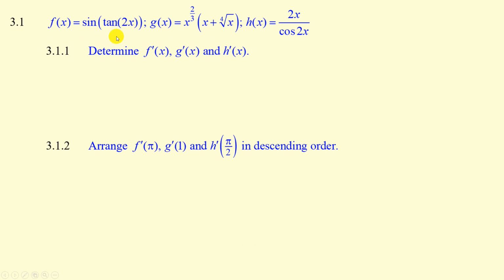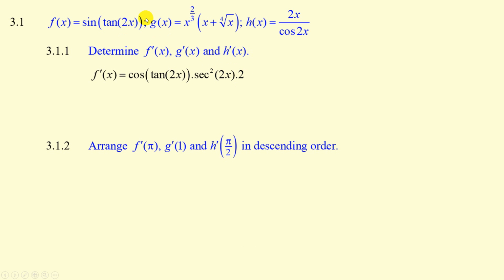So if we're going to find the derivative, the derivative of the outside is cos, and leave the inside as is, times derivative of the inside, so derivative of tan is sec squared, leaving its inside as is, so therefore sec squared 2x, times derivative of the inside, and derivative of 2x is 2.